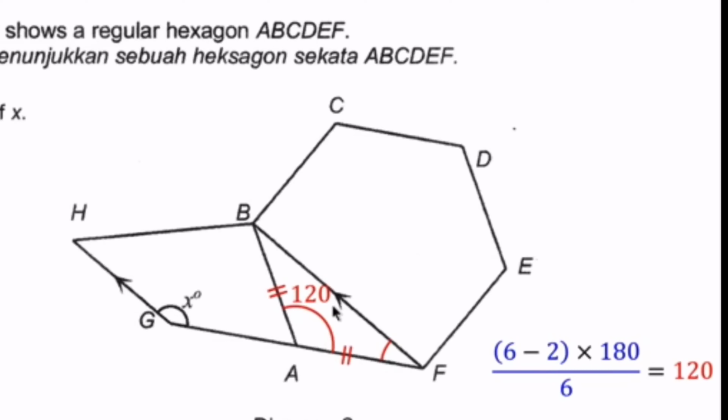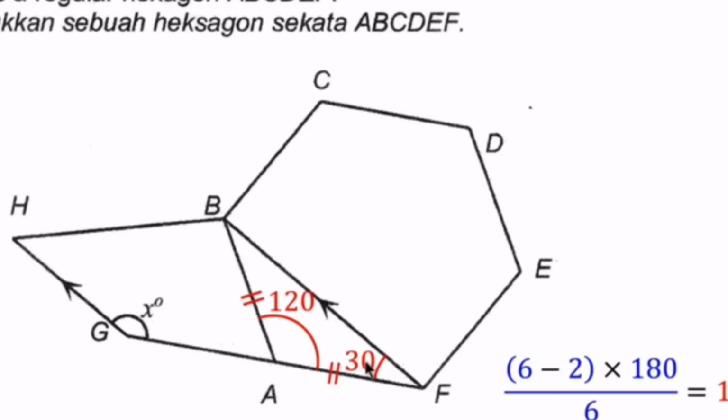The interior angle formula given in the exam is (n minus 2) times 180 over the number of sides. So you'll get one interior angle of 120 degrees for the hexagon, right? Now we can see that there is an isosceles triangle, so we can find angle B and F easily.